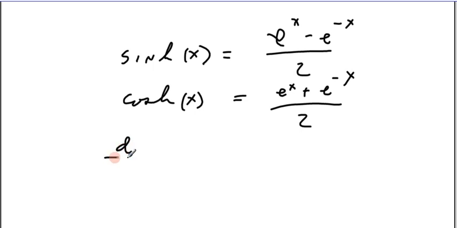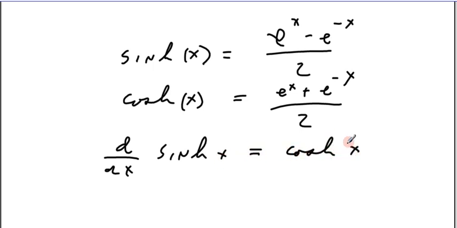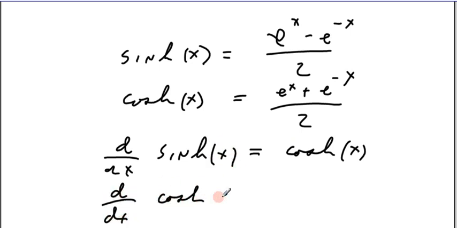If I take the derivative of the hyperbolic sine, what do I get? I get the hyperbolic cosine. And if I take the derivative of the hyperbolic cosine, what do I get? Well, I get the hyperbolic sine. Okay, so these are cool functions.